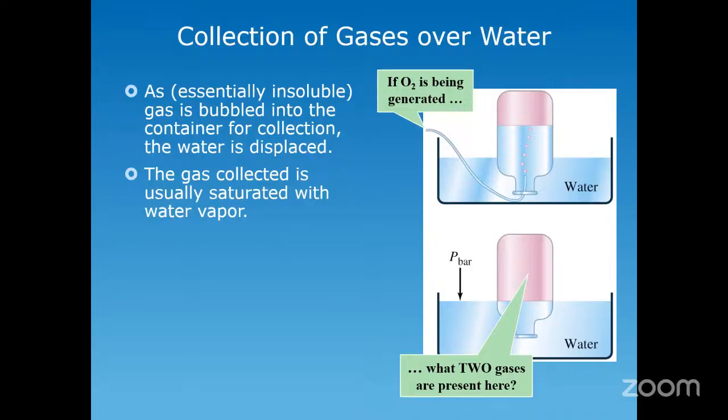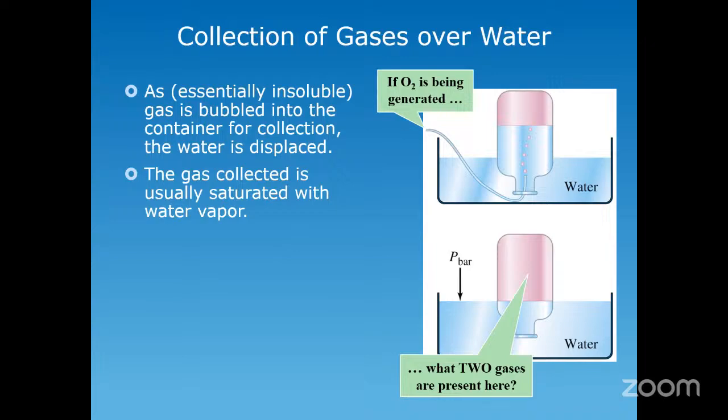Now, an important question is being asked here: what two gases are present? The answer is obviously that one of them is oxygen. So the question becomes, what is the other one? The answer is water vapor. If you have water trapped in any container with some space above it, in that space you're going to have water vapor, because you have this back and forth where the water vapor becomes liquid and vice versa.